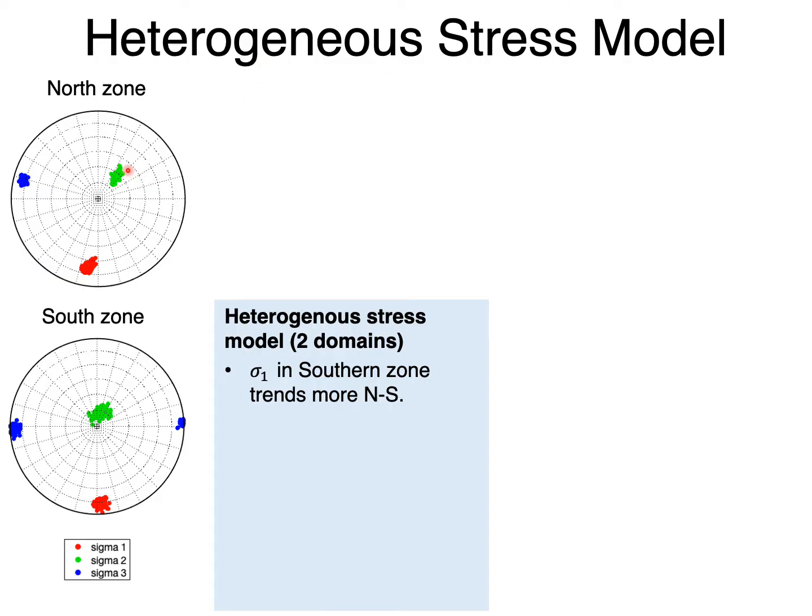Okay, and so here shows the stress inversion result for the northern half of the rupture and the southern half of the rupture. And so we find that in both zones, sigma 1 is plunging near horizontal, but in the southern zone, sigma 1 is trending in a more north-south direction.